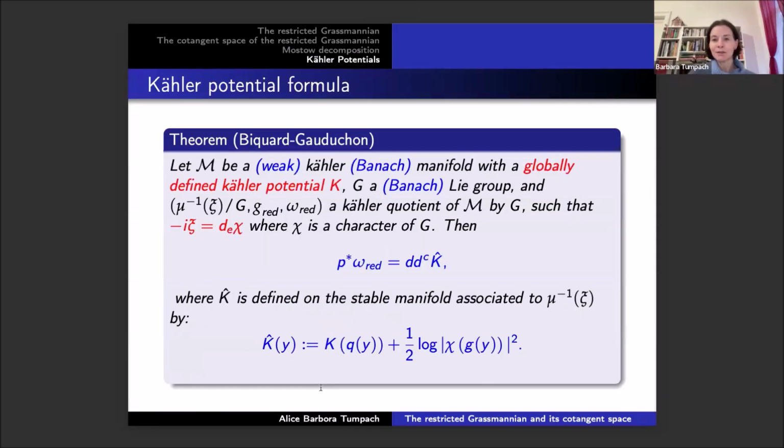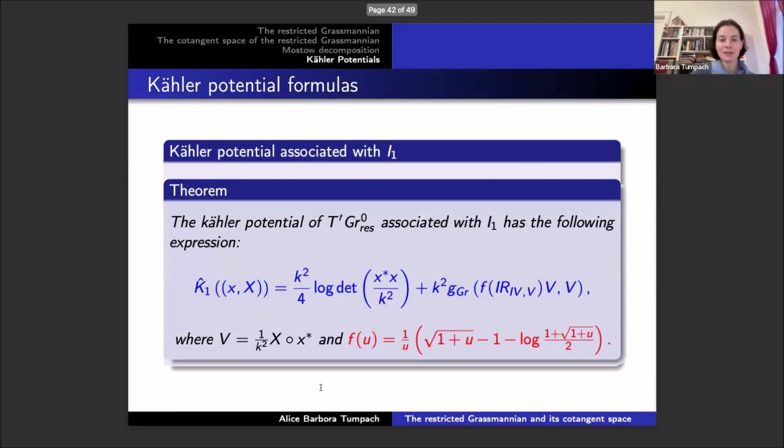I'm sorry, I cannot go far with this identification. I wanted to speak about the scalar potential, but my time is over. I just wanted to give you some formulas where you see that I need determinants of elements like X star X. X is in the affine space MK I had before.